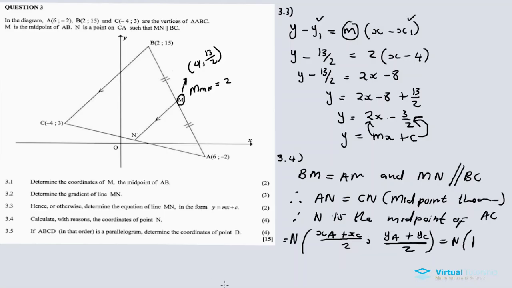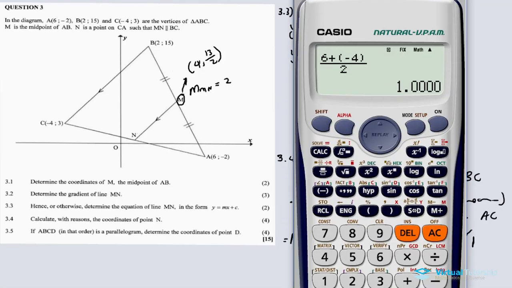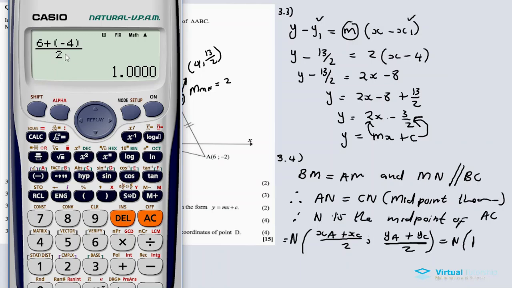I'm calculating without showing the substitution, but there's a mark for substitution.